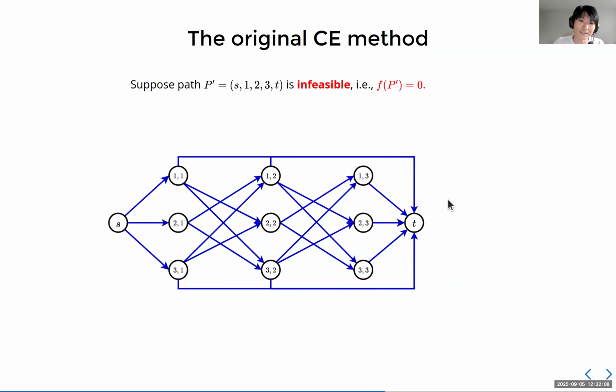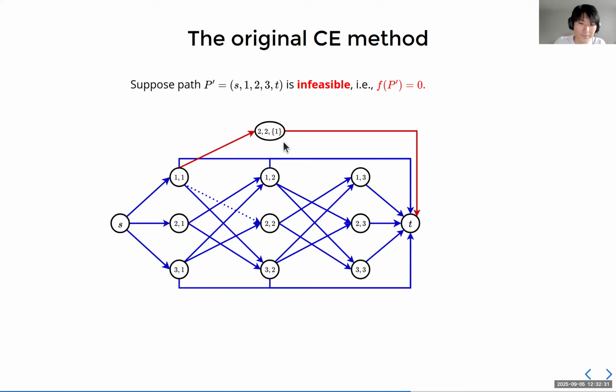Okay, having said this, let me explain what column elimination is. So suppose the path P prime like this, 1, 2, 3 is infeasible. So this function returns 0. So P prime is being represented here in this diagram. What we do in column elimination is that we create a new node with more information in this node so that we eliminate that path.